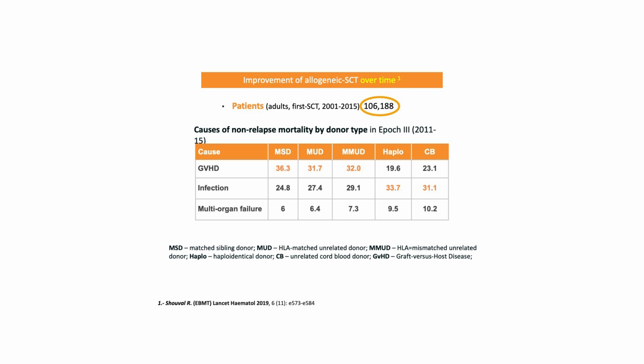I'm not going into detail, but you also have to know that the majority of the patients dying due to GVHD die due to infection. So infection in the end is the main cause of death of these patients.